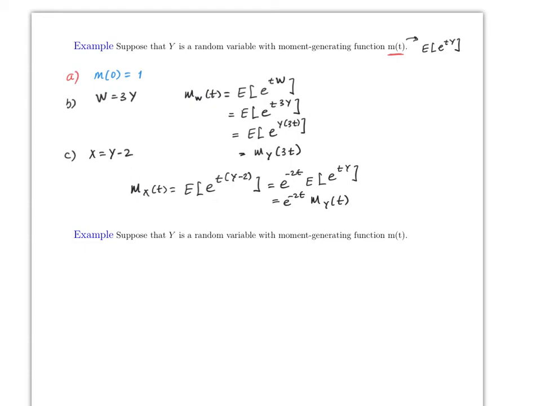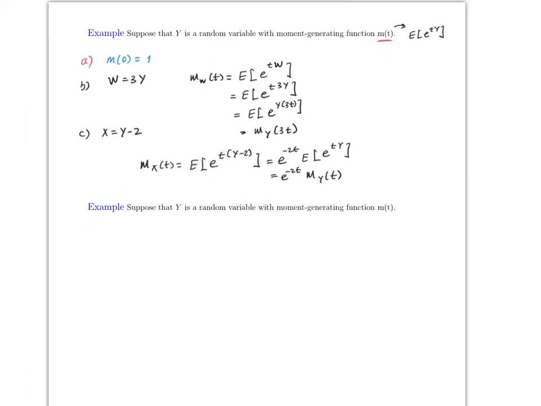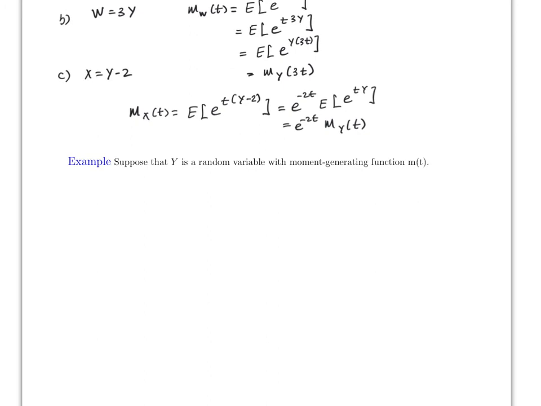Alright, let's try another very similar example, just in case that one didn't make a lot of sense. This is the chance to redeem your sins. So you still have a random variable y that has a moment generating function m of t, which you can just call m of y of t for now. And we're going to define a new variable.